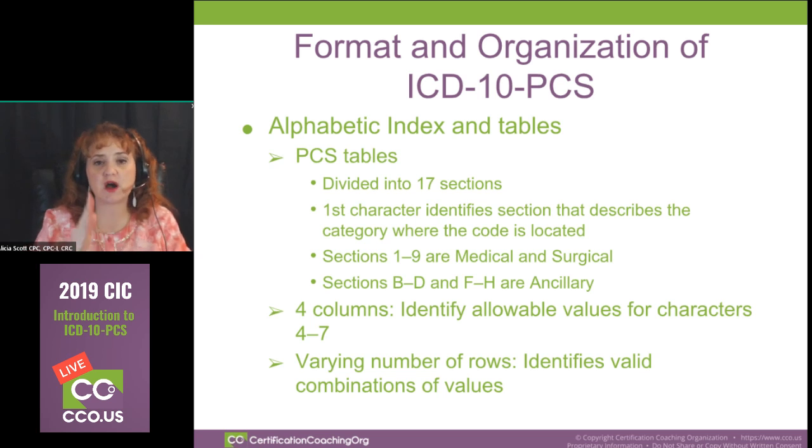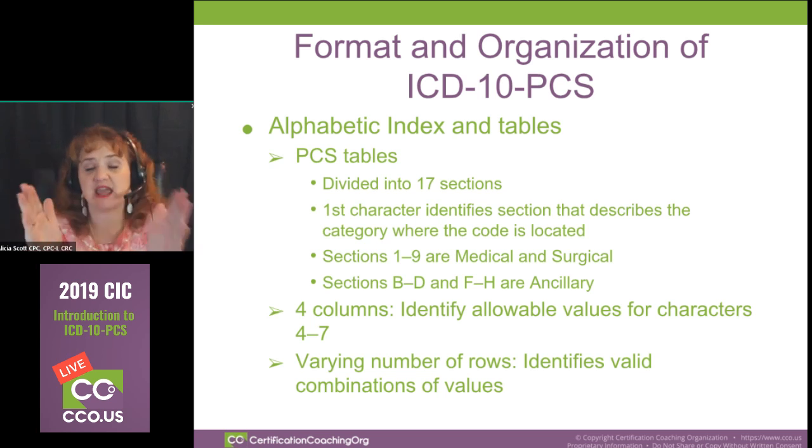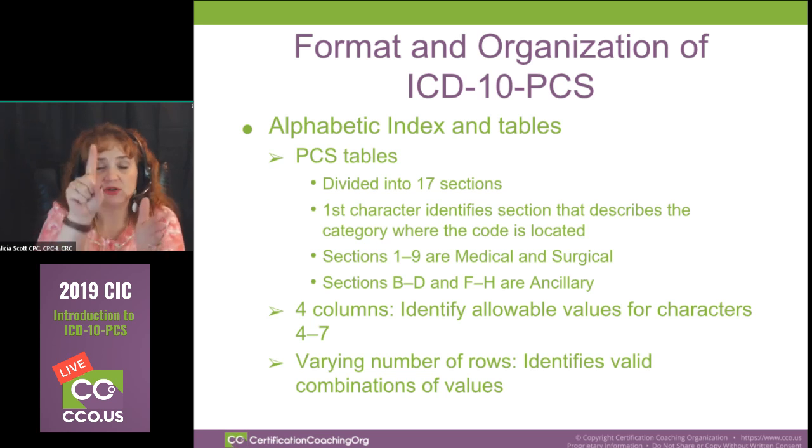Now there are 4 columns in each one of these tables, and each one of those columns will have a drop down that is only pertinent to the previous character. Okay, so if you don't see what you need in that first column, you're in the wrong place.